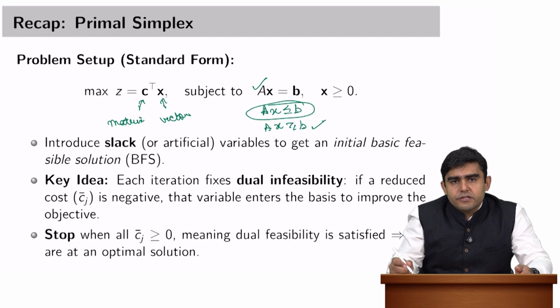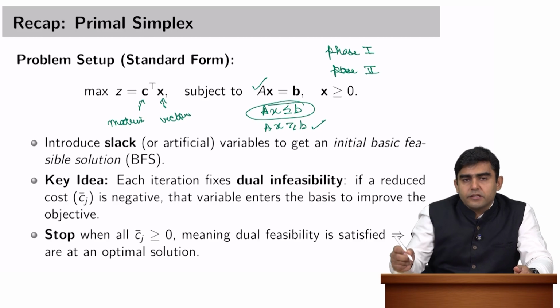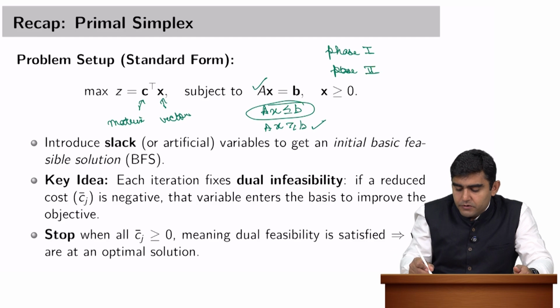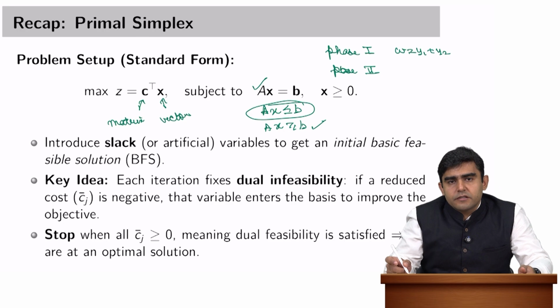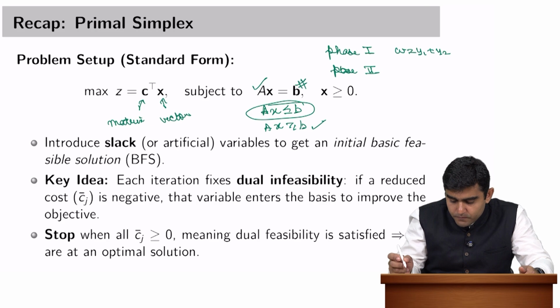We learnt phase 1 and phase 2 methods, where in phase 1 we write another equation such as w equal to y1 plus y2, where y1 and y2 are artificial variables. In phase 1 we eliminate these artificial variables and then proceed to phase 2 as usual when dealing with constraints of equality type or greater than equal to type.